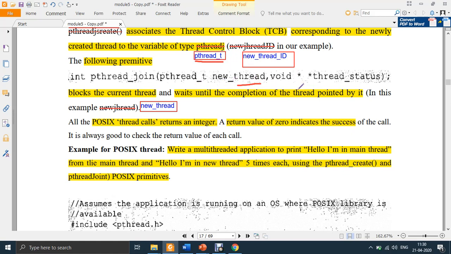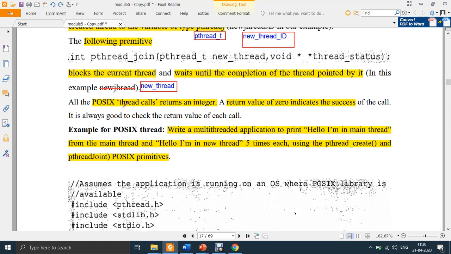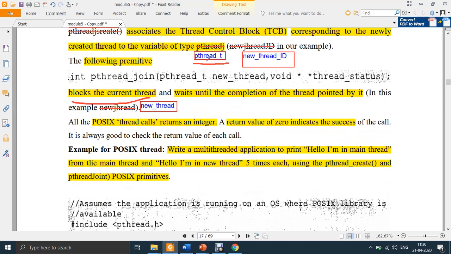So what will happen if you join? This blocks the current thread. Blocks means the previous thread, which was pthread_t, will be moved to the blocked state. Remember the process cycle. It will remain in the blocked state until completion of the thread pointed to by it, which is the new thread.